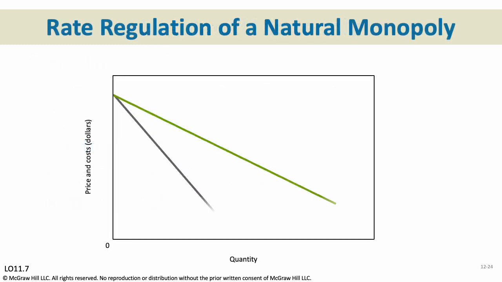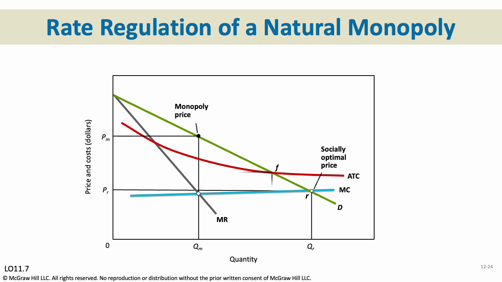So in this case, rate regulation, your monopoly price is QM, PM, where demand and marginal cost intersect. Where demand and marginal cost intersect is your socially optimal price, but they're going to lose money.